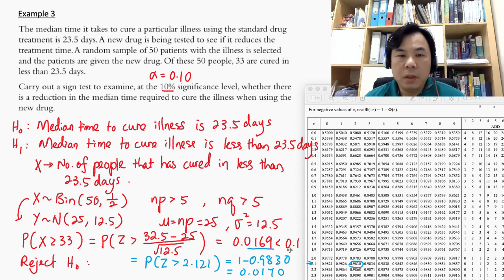Right. So I hope that you know how to actually read the data from your data booklet here. But the conclusion will still stay the same. Right. So stay tuned for the next example.